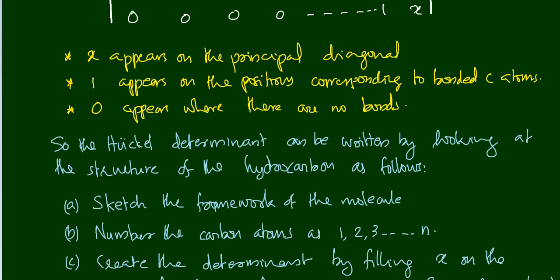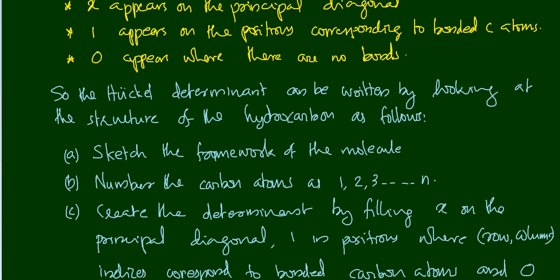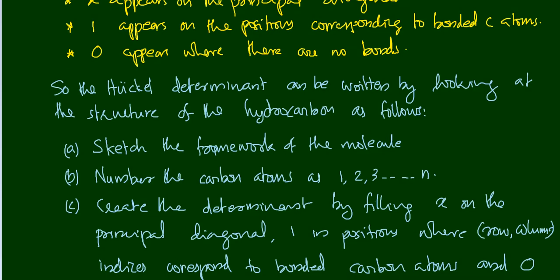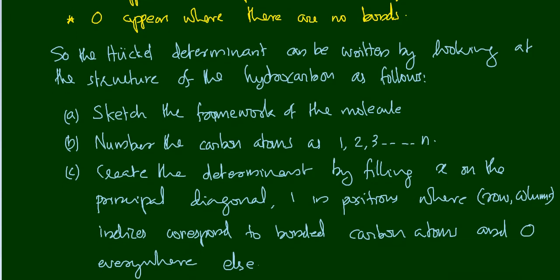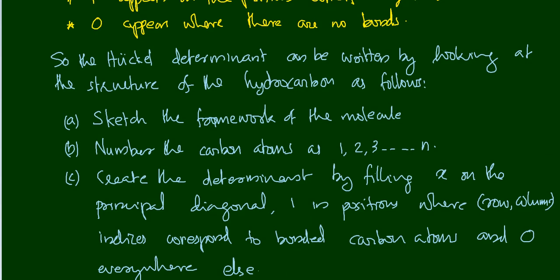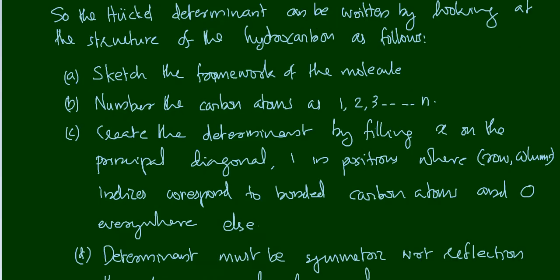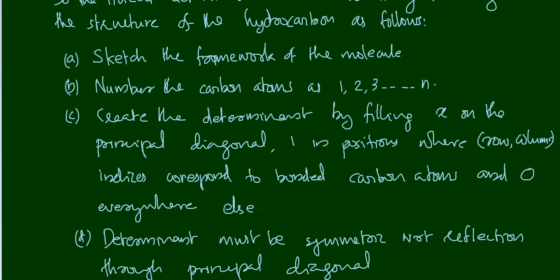So the Hückel determinant can be written looking at the structure of the hydrocarbon as follows. First, sketch the framework of the molecule.